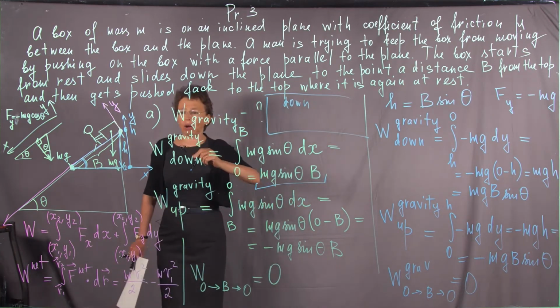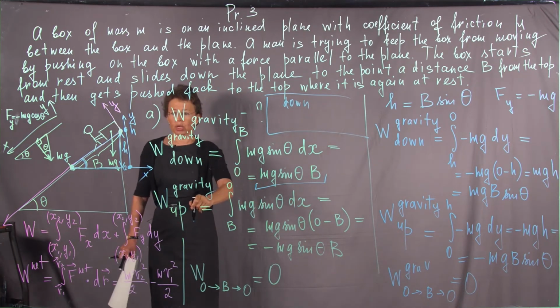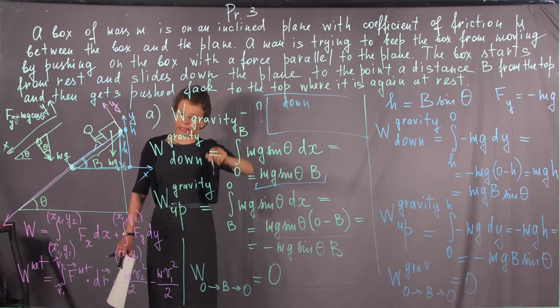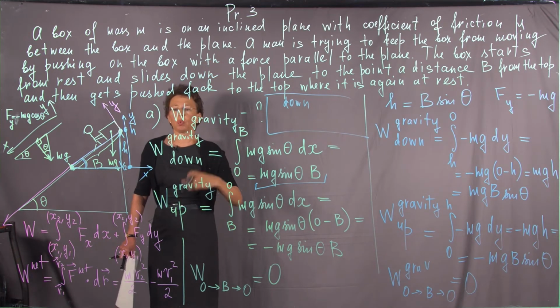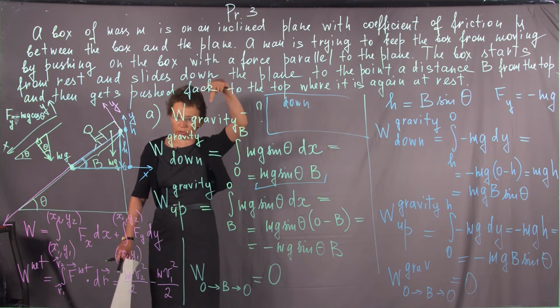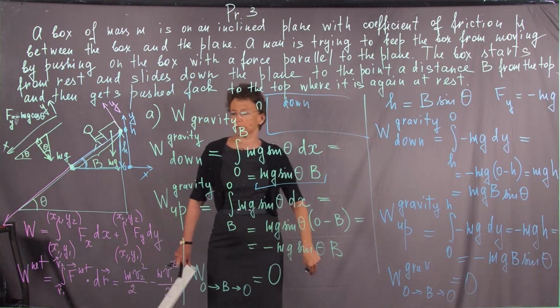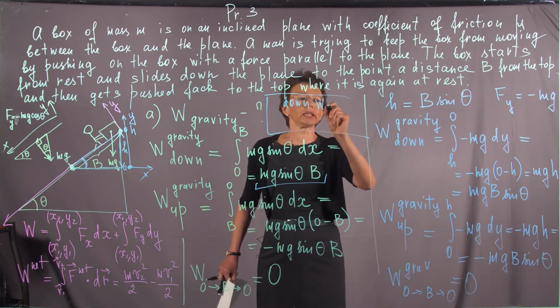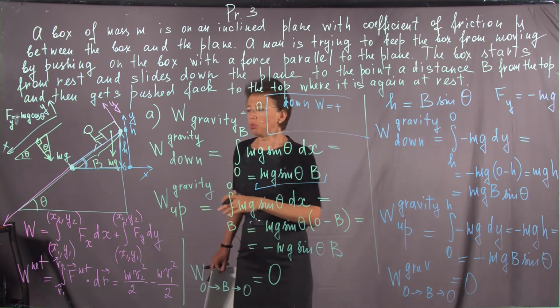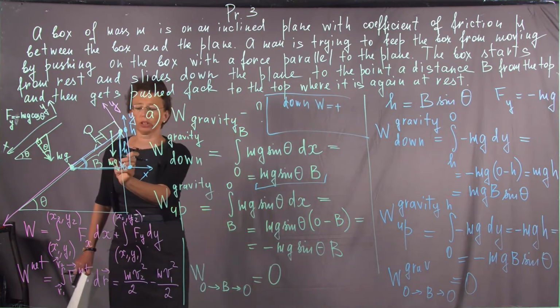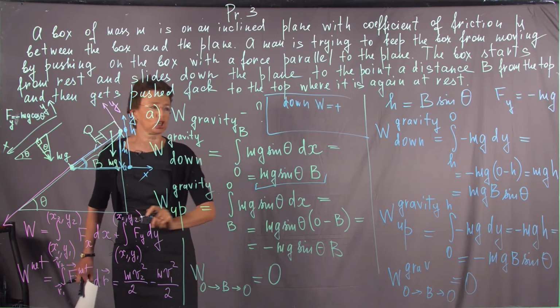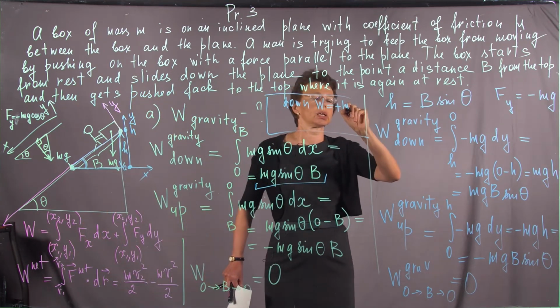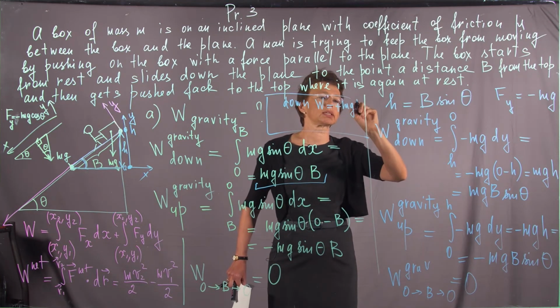So force on the way down, let's think about down. On the way down, gravity is down, displacement is down, so work, which is the dot product F dot displacement, has to be positive because force and displacement are in the same direction. What is the magnitude? Magnitude of force is mg. Displacement is h.